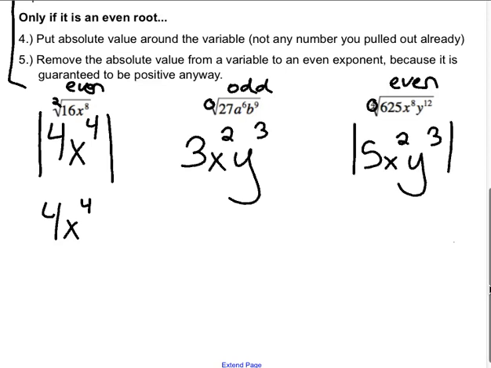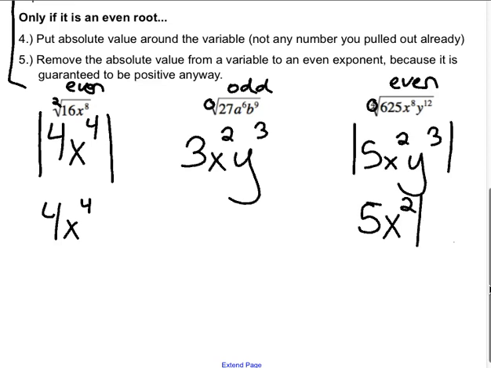Now let's run through this. The number 5 is guaranteed to be positive anyway. Doesn't need to be inside the absolute value. X squared, if you square any number, it's automatically guaranteed to be positive. But now, that y to the third, an odd power, something taken to an odd power could be negative, but we have to guarantee that it wasn't because it was inside of an even root.